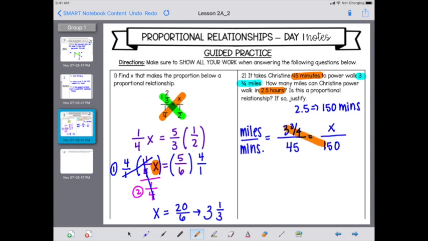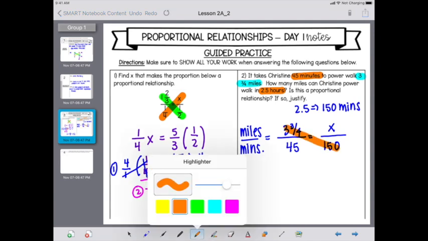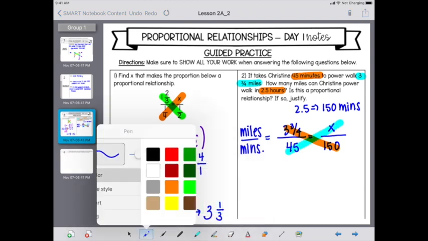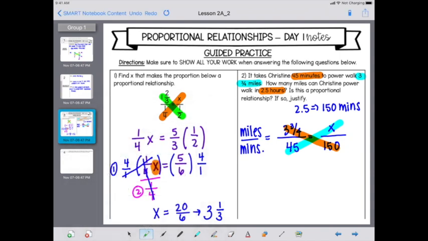Again, you want to cross multiply. You're going to get 45x equals 150 times 15/4.